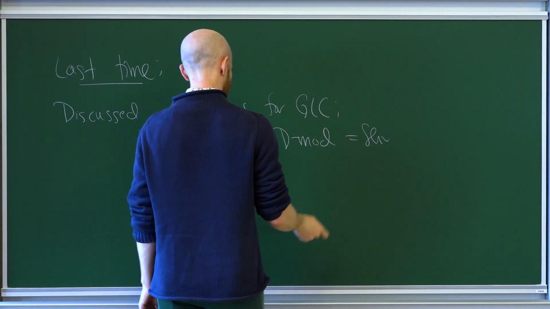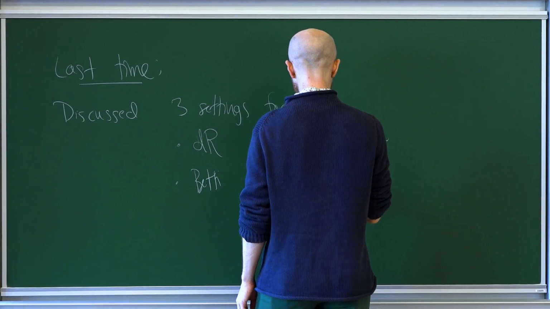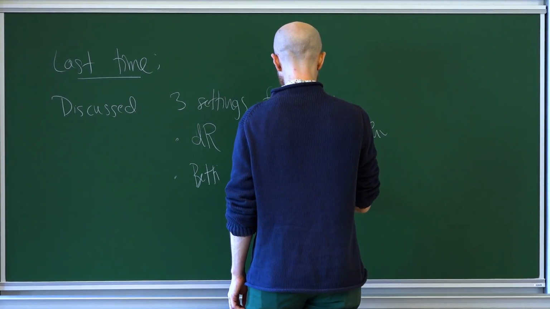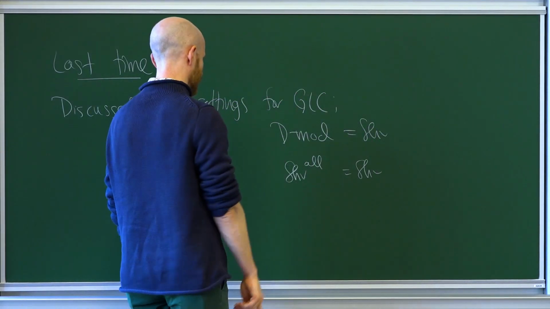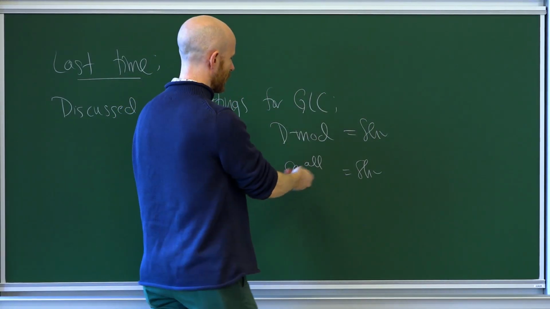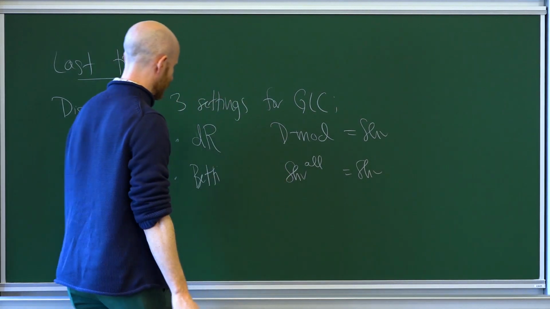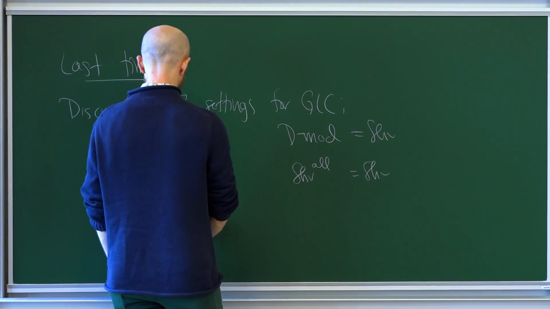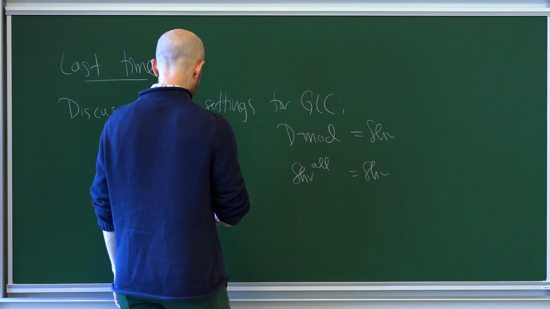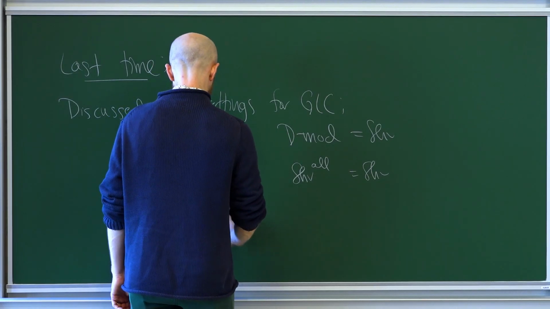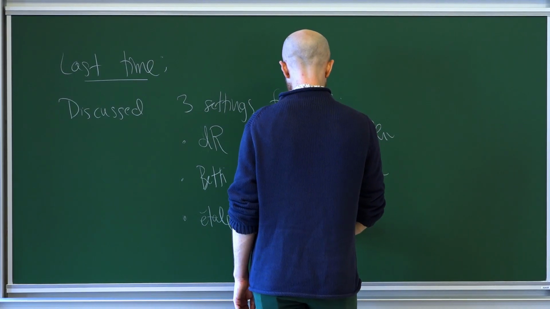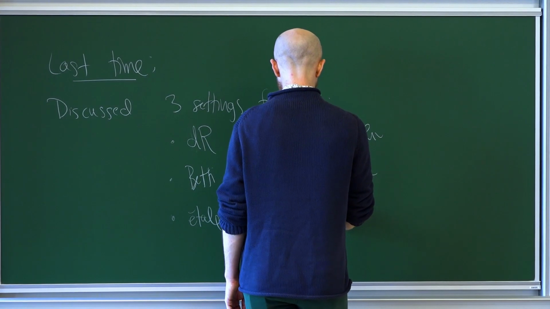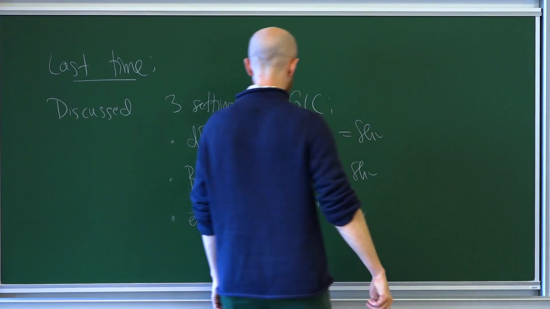The next was the Betti world, where sometimes I write this as all sheaves, or maybe all sheaves with singular support, is the category of sheaves. So these are just sheaves for the complex topology. And the last was the étale world, where étale sheaves are sheaves, but usually I just call them sheaves.